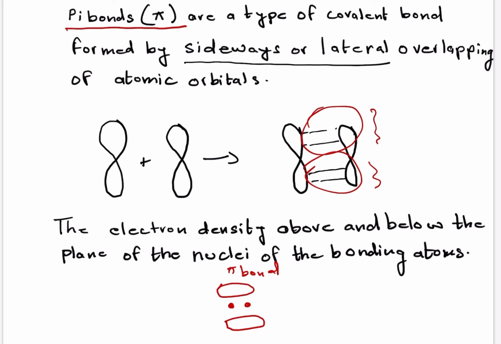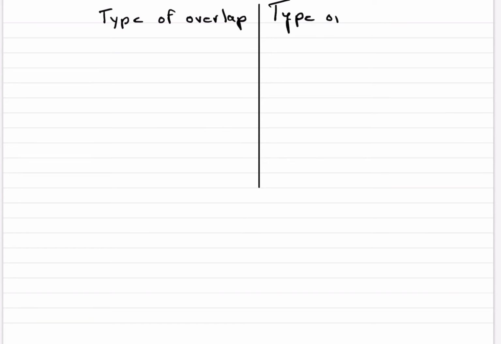So this is the pi bond and then the sigma bond. The type of overlap that we have, we can talk about it also. We can make a line like this, and then write type of overlap and type of bond formed.